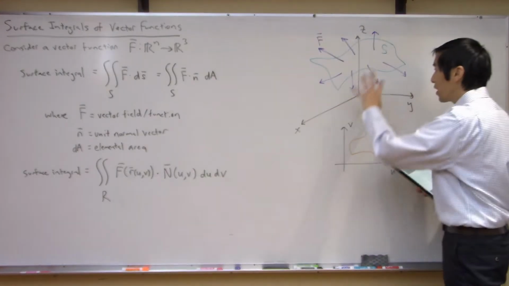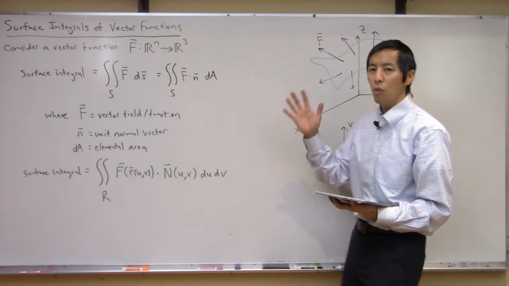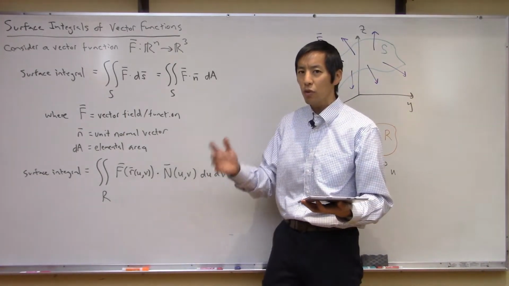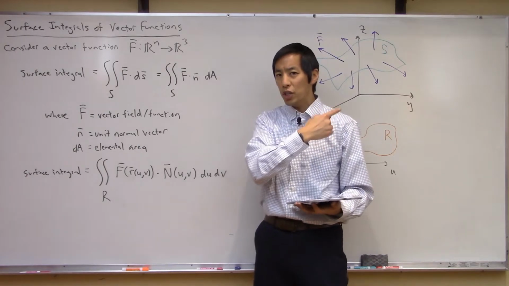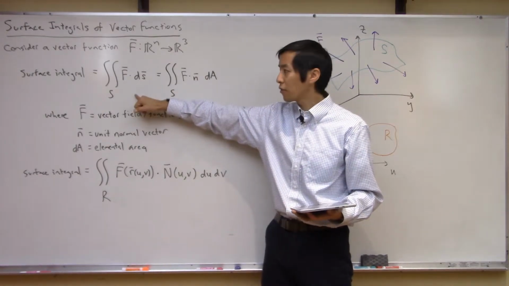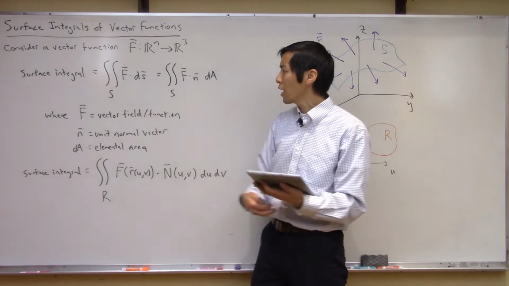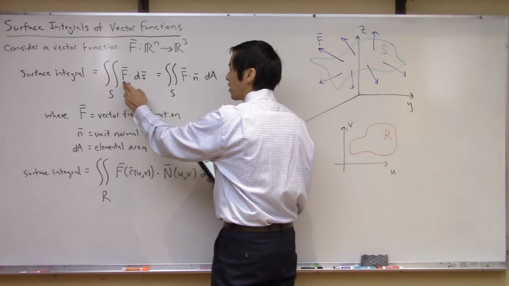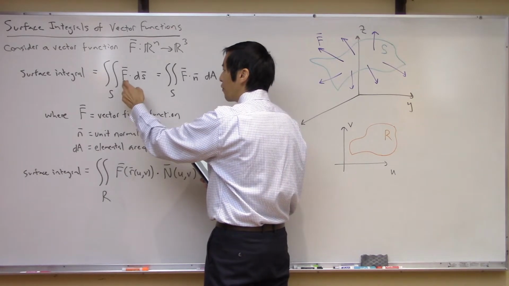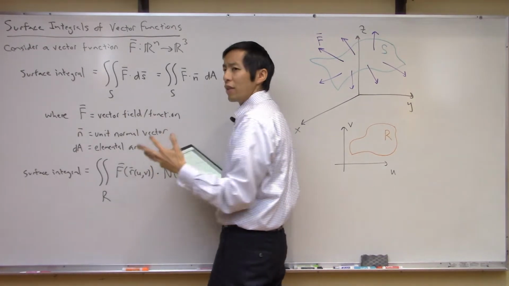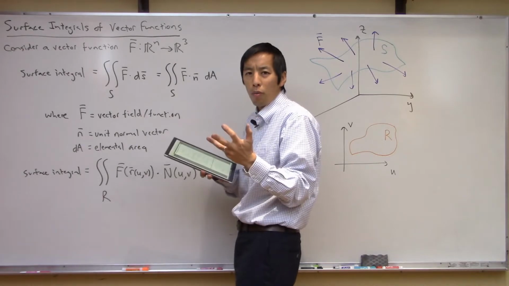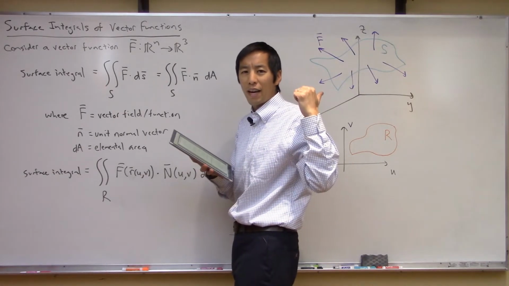So within this context, we want to talk about what it means to have a surface integral of that vector function over the surface S. The easy way to think about this conceptually is that we now want to take the dot product of the vector function f with some sort of surface normal, times an area of that surface.